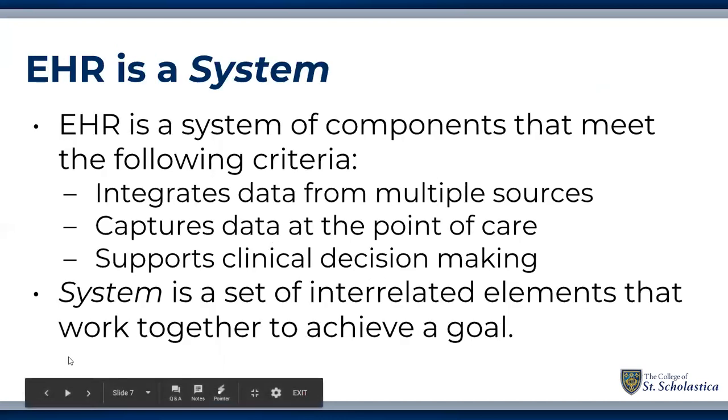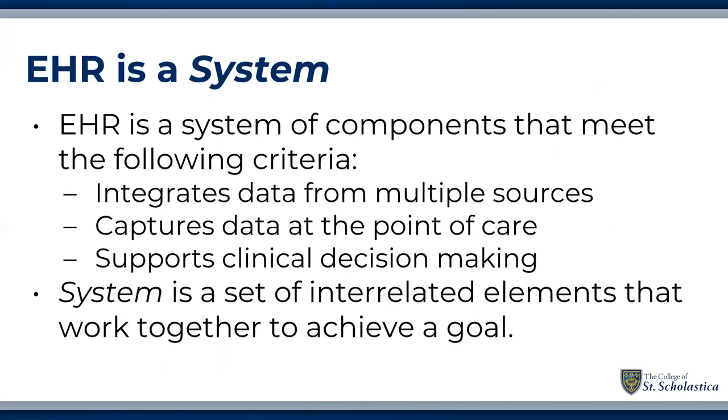All right, so an electronic health record is a system of components that meet the following criteria. It integrates data from multiple sources, it captures data at the point of care, and it supports clinical decision making. A system is a set of interrelated elements that work together to achieve a goal.